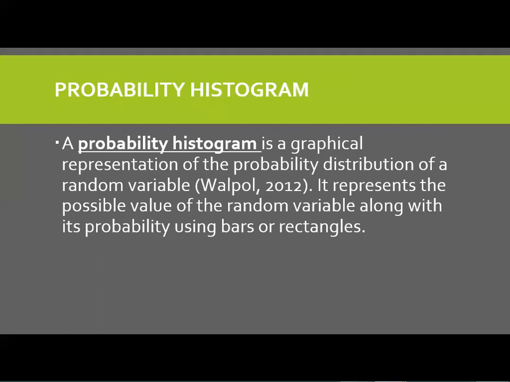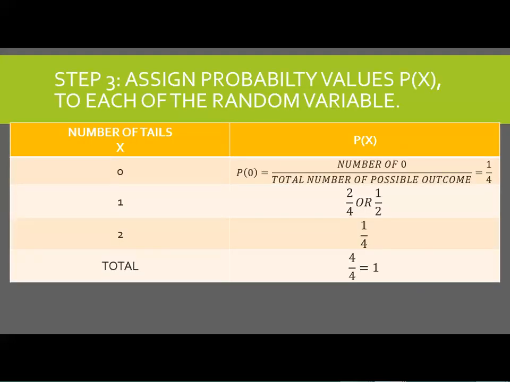Now, in this example natin, we have collected the number of tails at saka yung probability of each random variable. Now, let's make a probability histogram based on this one.